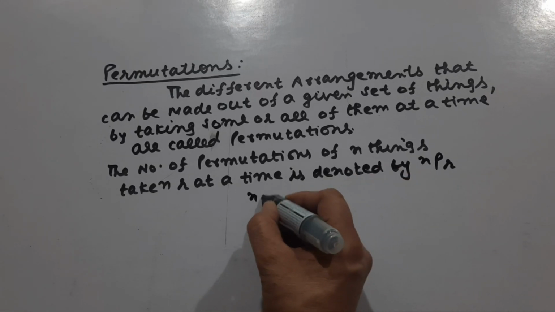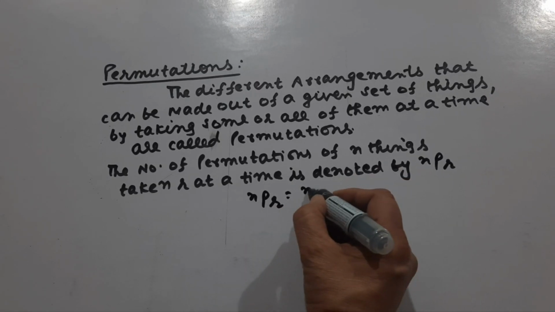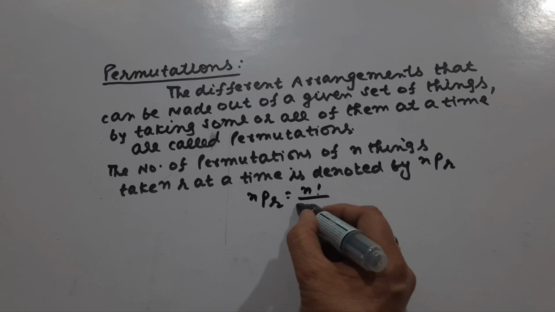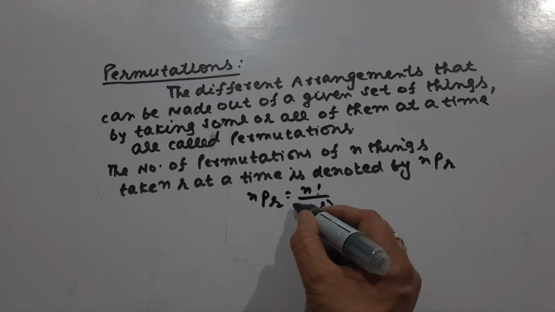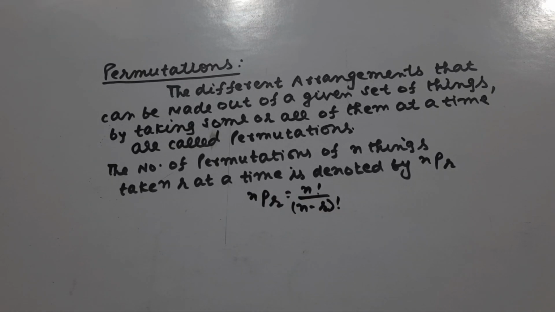And students, we have discussed so many questions on nPr, and we know nPr is equal to n factorial upon (n minus r) factorial.